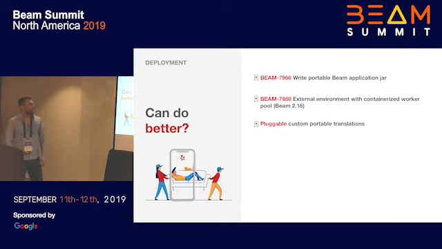There are a few improvements that I think will probably be released in 2.16. I think some of them were actually discussed yesterday. The first one is basically writing this translation in a jar and then being able to submit the jar.